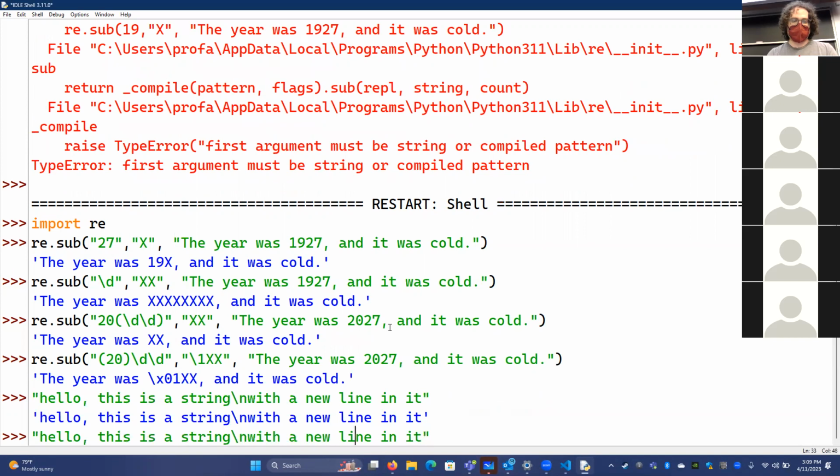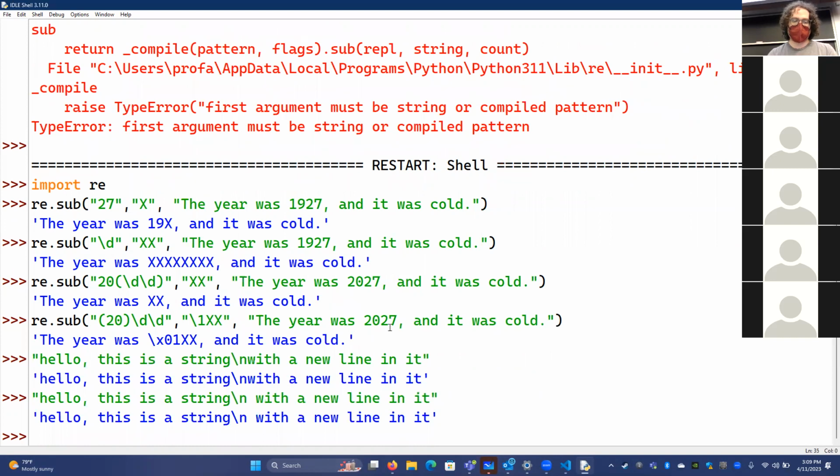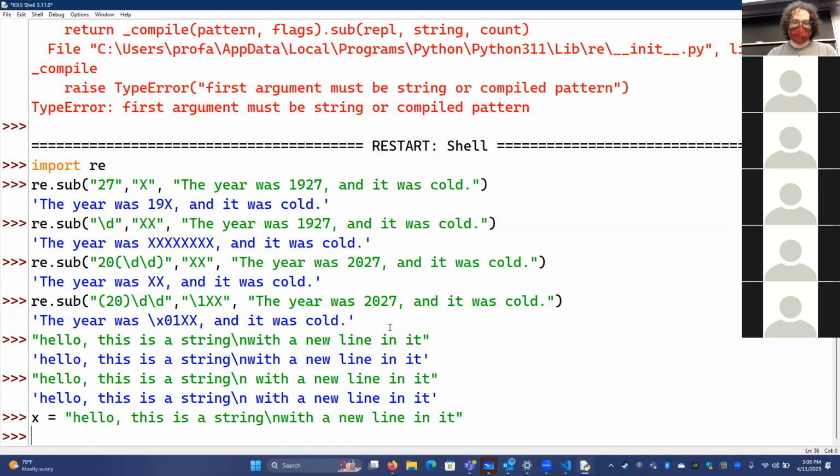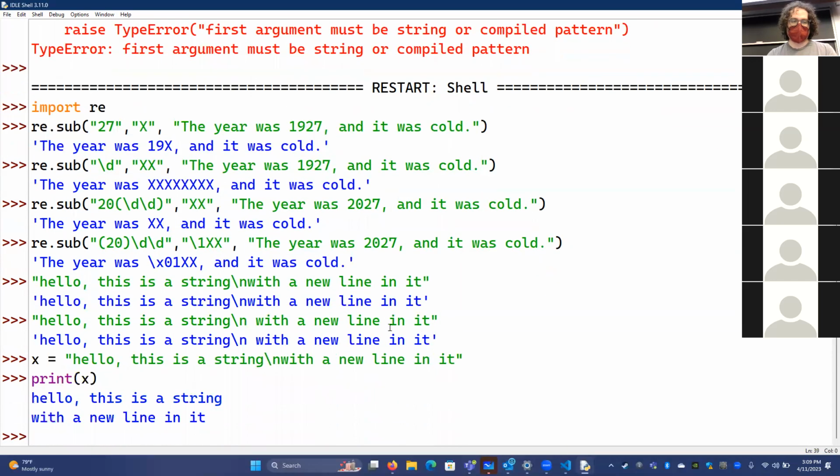Interesting. Did it not want to? Oh, right, because it's going to keep the raw string. So x is equal to this. Print x. And now when we render it, there we go. Hello, this is a string with a new line in it.